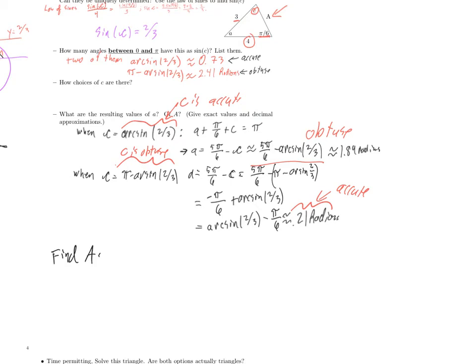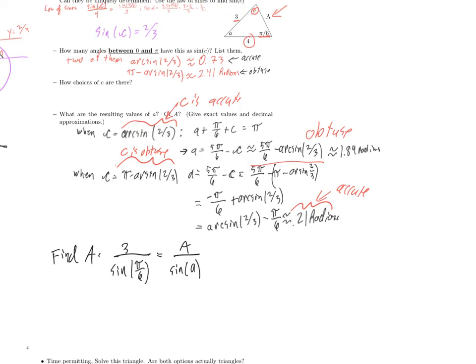Yeah. I know 3 and pi over 6. So 3 divided by the sine of pi over 6 is equal to the side length a divided by the sine of a. And there are two cases again, but I can just work out what both of those are.